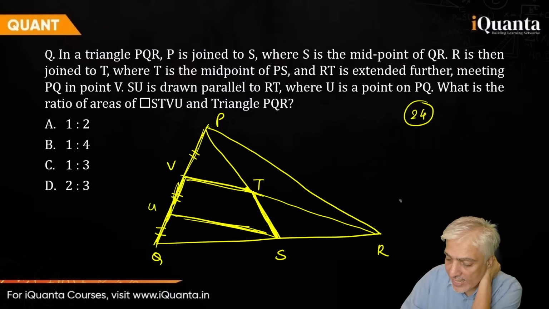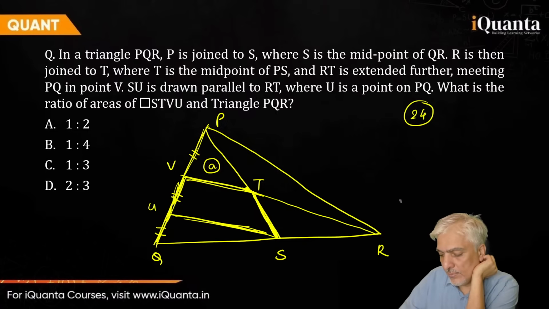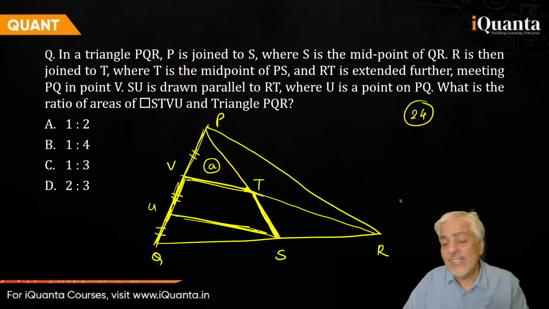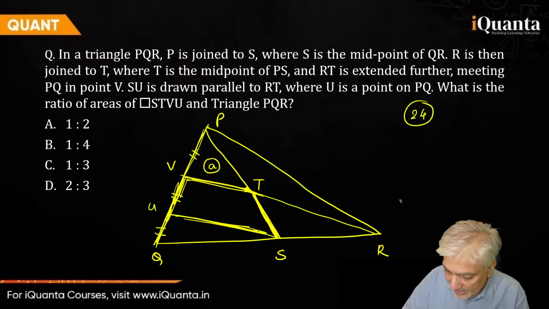If I took this area as A, whatever the ratio of the sides, the ratio of the areas is always the square when triangles are similar. If the ratio of the sides is 1 is to 2, then the ratio of the areas is 1:4. That means this area will become 4A.